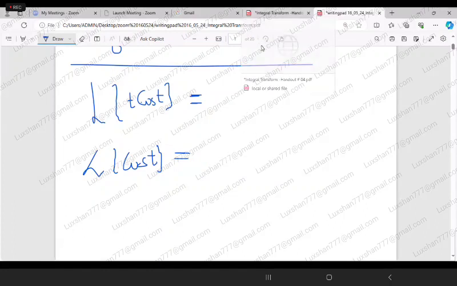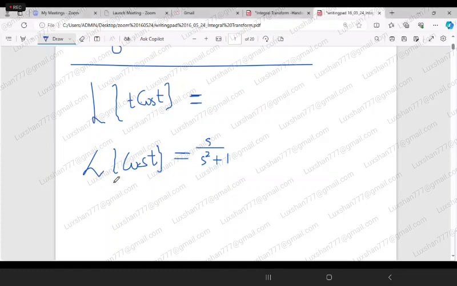You have to speak, otherwise it will be difficult for me to continue this class. What is the Laplace transform of cos t? Cos t is equal to s over s square plus 1. Yeah, good. S over s square plus 1.